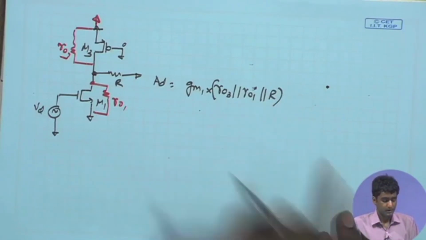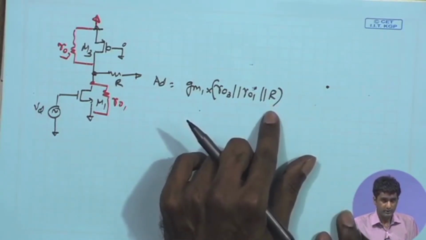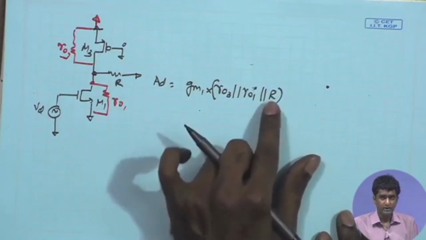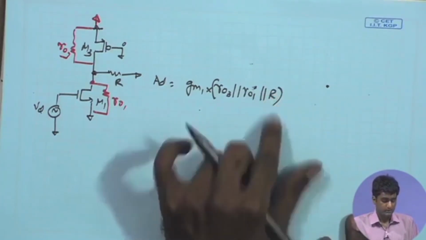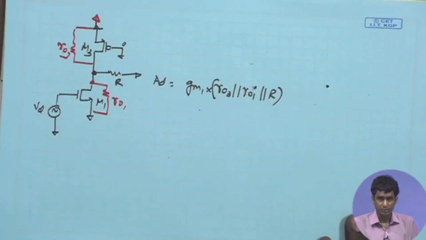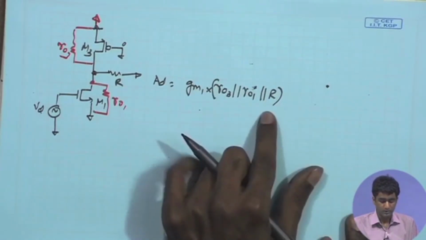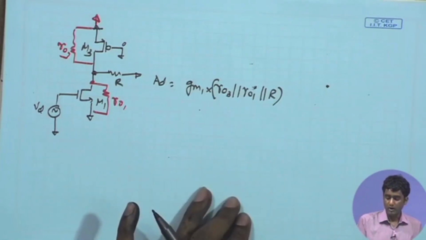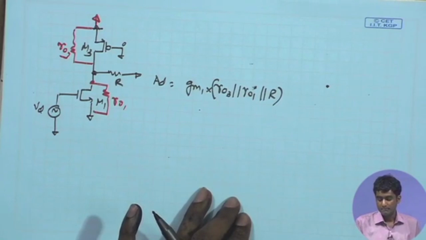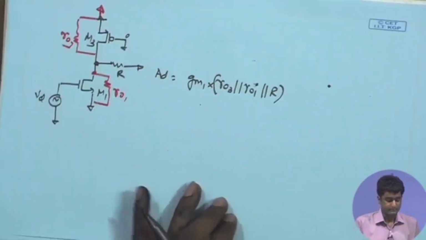Therefore, we can look for alternate techniques where we can avoid use of such resistive dividers and rather go for active components only in the feedback loop. So, let us look at an alternate scheme where we can avoid the use of such large passive resistors in order to determine the common mode feedback.